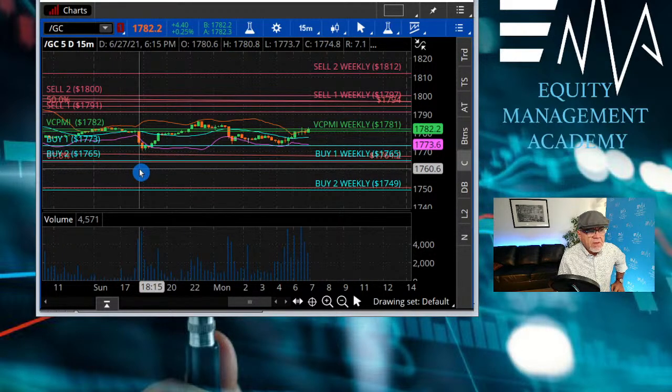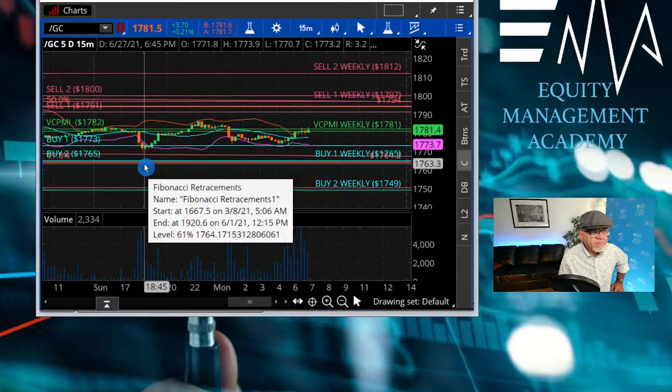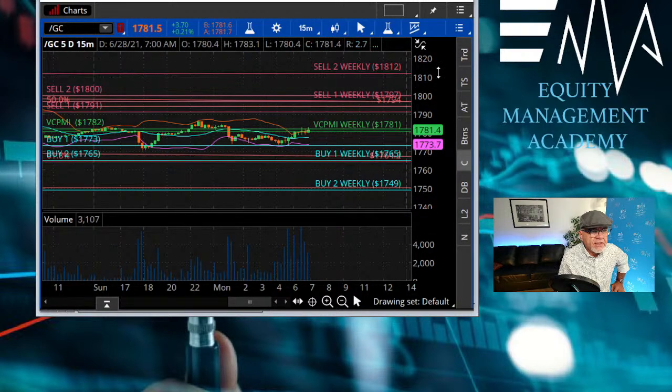Now, what I want to show you is that in using the weekly data, and I use this chart for identifying the relationship between the daily and the weekly, which is really important for the algorithm to identify where the highest probability trades are, is to combine harmonically all the trends.